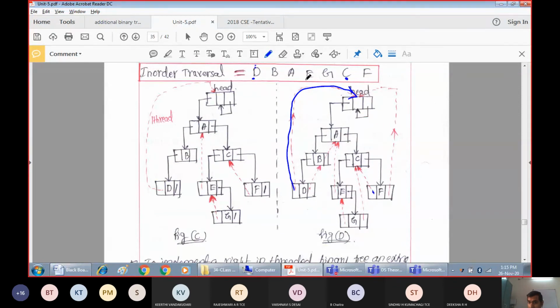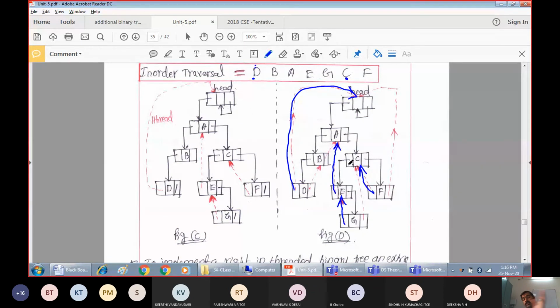Directly I am drawing, you see the traversal. The previous node of F is C, it is pointing to C. What is the previous node of G? E, it is pointing to E. What is the previous node of E? A, so it is pointing to A.